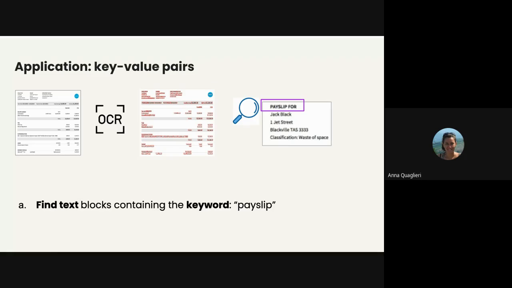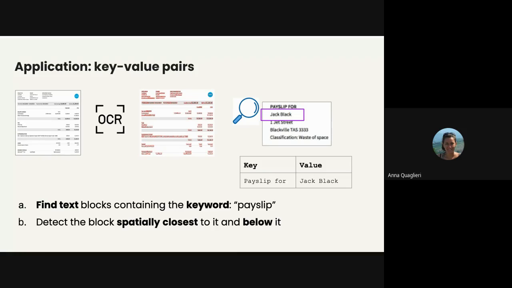I'm going to query using fuzzywuzzy, a string matching search, and say, find the text blocks containing the keyword payslip. This will return this payslip chunk. And then I also ask, now detect the block which is spatially closest to it, but also below it. So this will be a key value pair where the value is below the key.